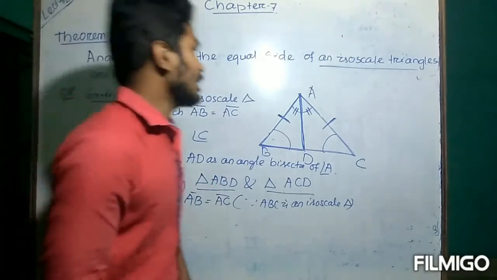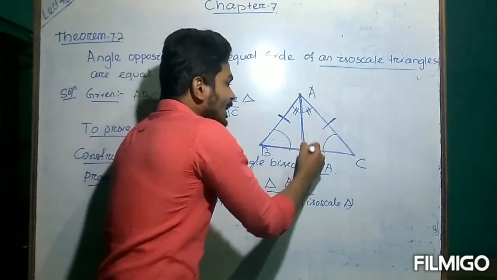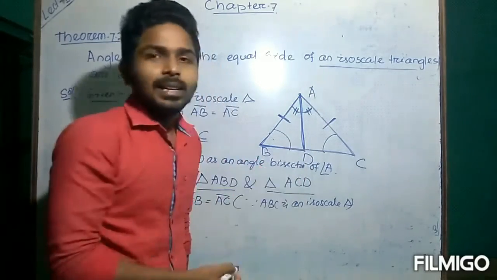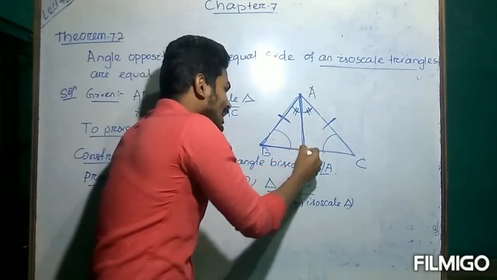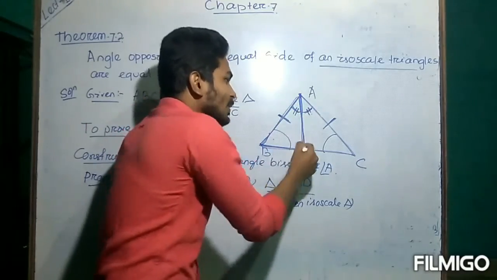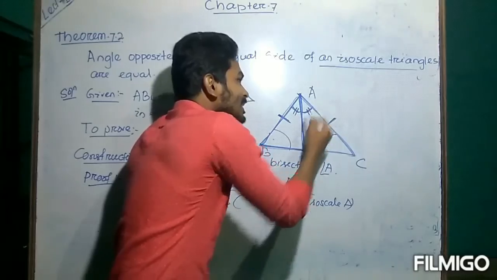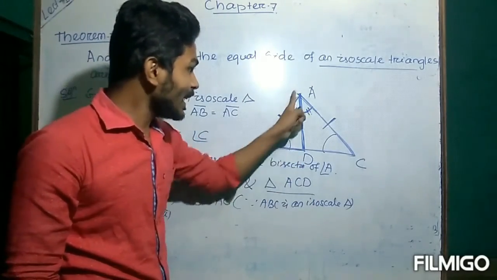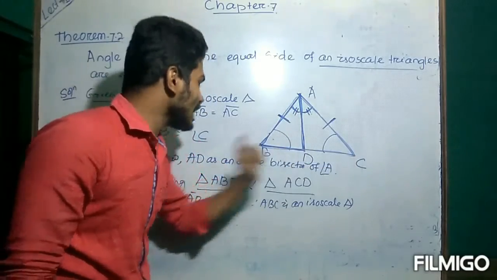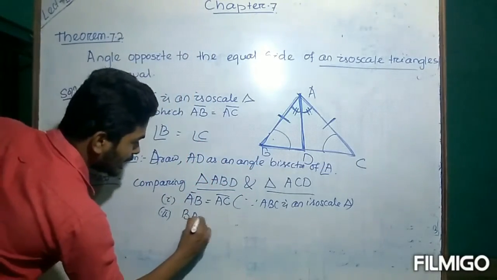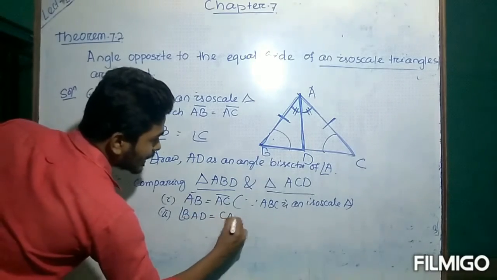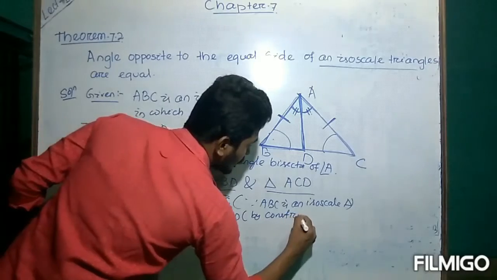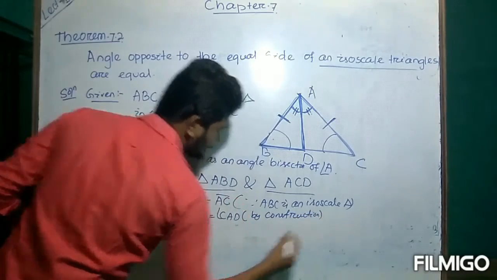Understood? Second thing, as you can see, AD is the angle bisector of angle A. It means this angle is equal to this angle. So in this triangle ABD, this angle is equal to, in ACD triangle, this angle. We have constructed it. So you can write angle BAD is equal to angle CAD. Why? By construction. We have constructed it.